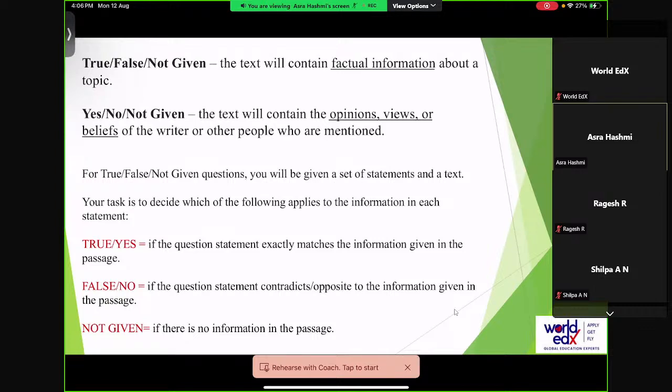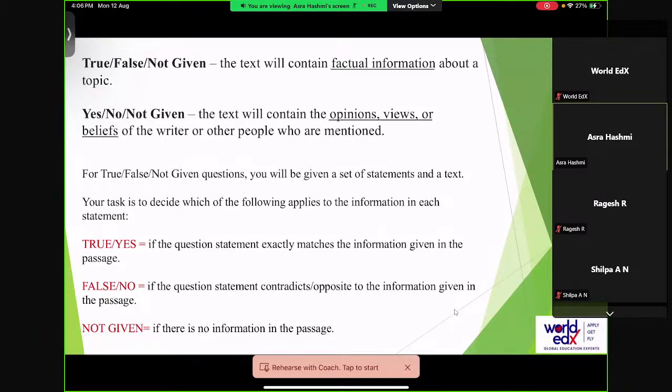For true, false, and not given, you will be given a set of statements and a text, and your task is to decide which of the following applies to the information in each statement. There are only three options: the statement is true, false, or not given.